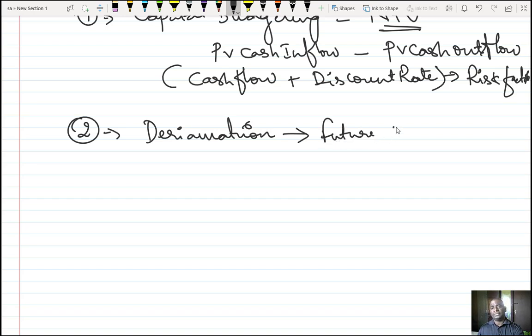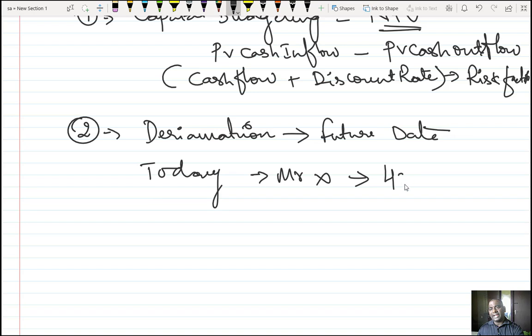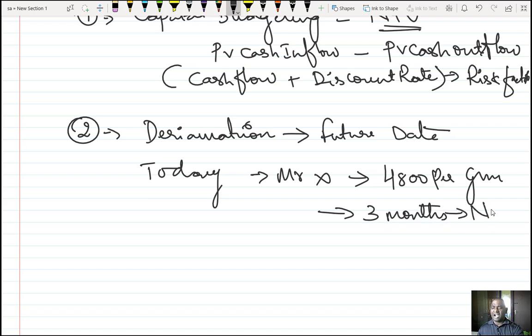For example, today I enter into a contract with Mr. X to buy gold at 4,800 per gram 3 months from now, which means after 3 months only, you should give cash to me and I will give gold to you. Either buying or selling at a future date, we call it derivatives.